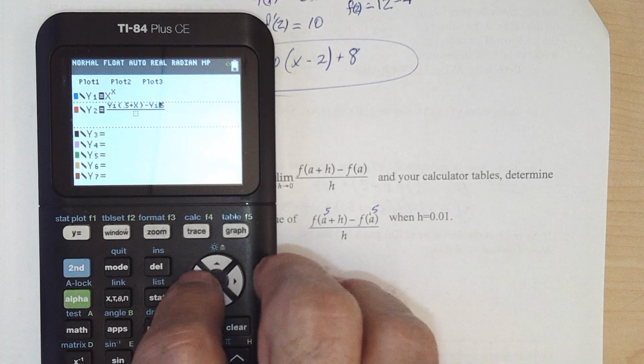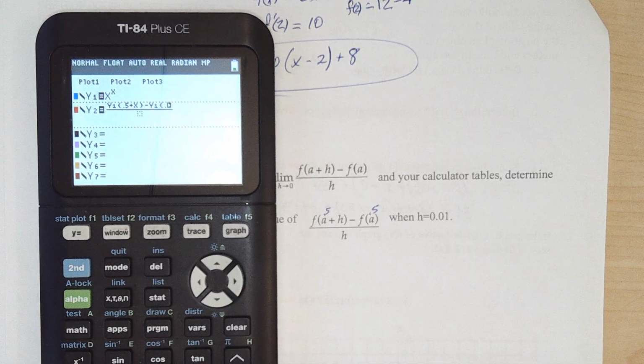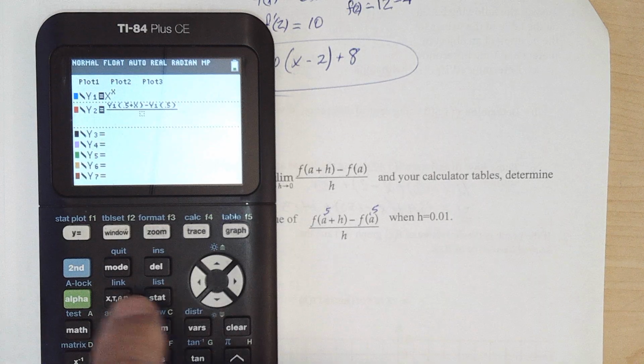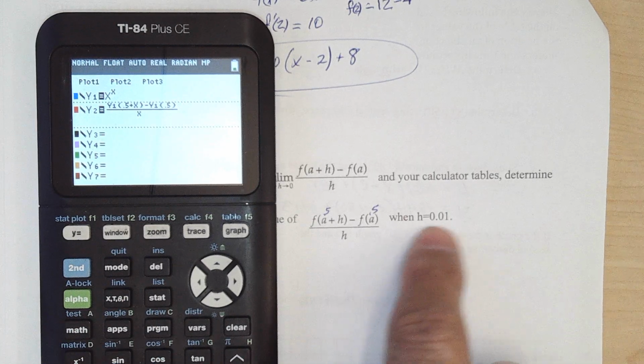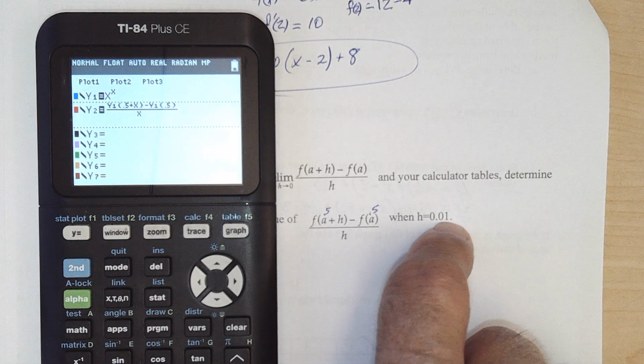Oops, forgot the parentheses. Divided by x, which stands for h, and we're supposed to make h be 0.01.